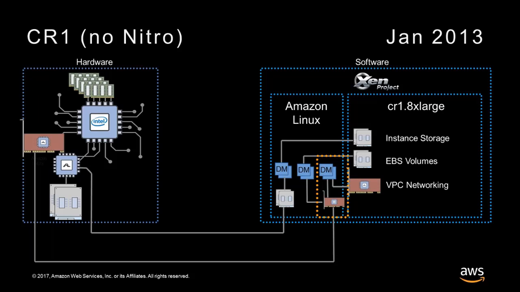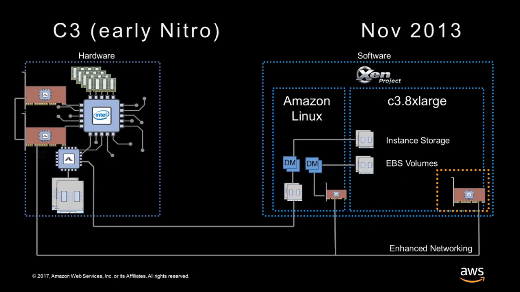And so the fundamental question we asked ourselves was, what could we do to get networking out of general purpose software? And this led to the C3 instance type. The C3 instance type was launched in November 2013, and it introduced the very first prototypical Nitro architecture.